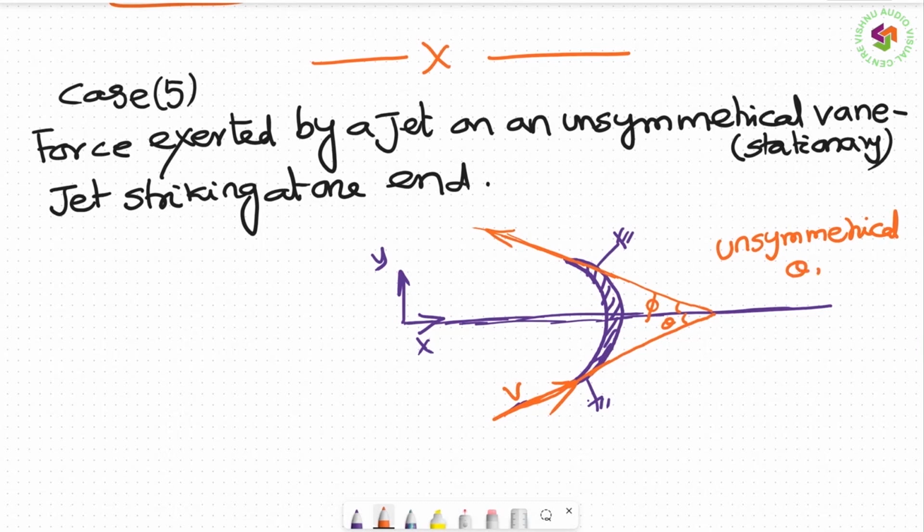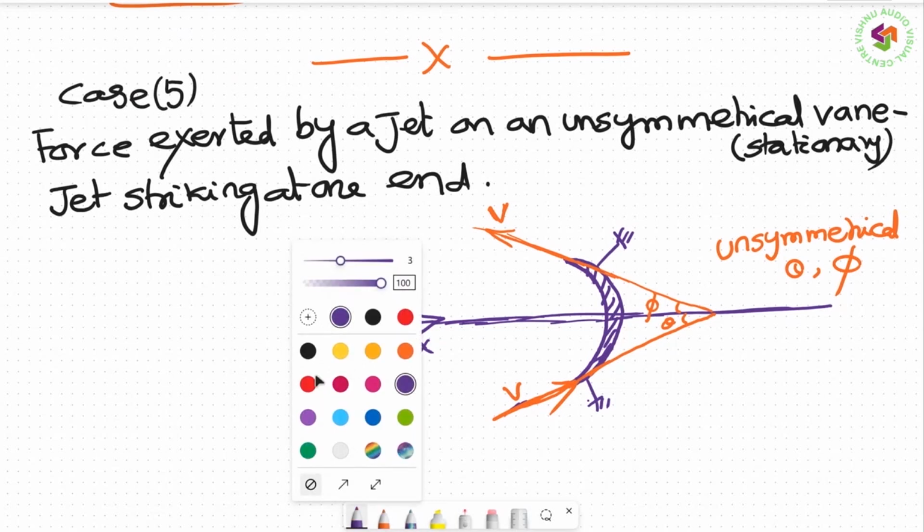That's why it is theta, phi, two things. In all previous cases, it is symmetrical, meaning both are same and it is leaving with v. Right? Again, like the previous case, you can directly write it. I will straight away go into the problems, right? How to solve the issue.